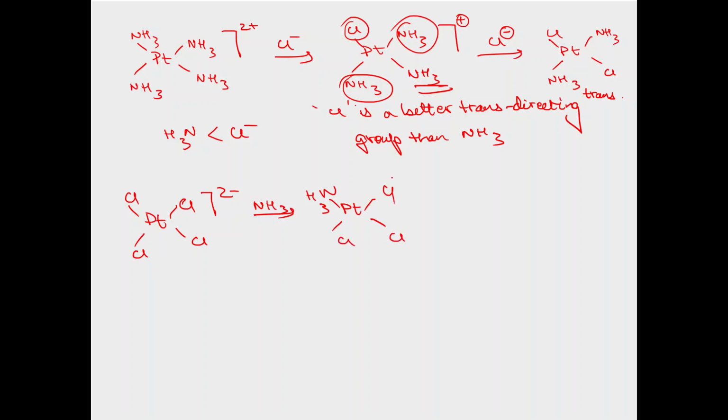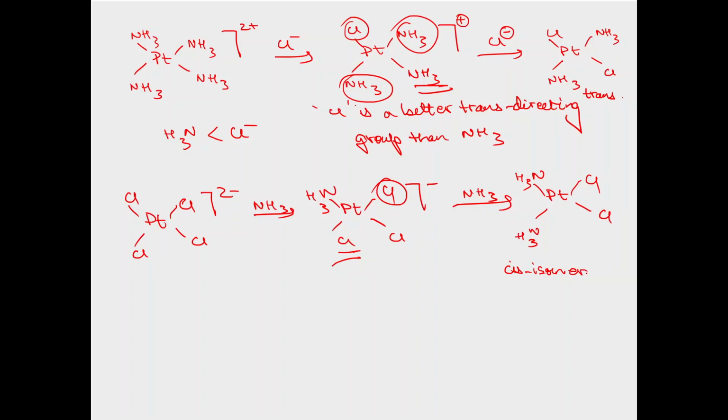Then when we substitute another molecule of ammonia, again, as I said, Cl is a better trans-directing group than ammonia, so ammonia will be substituted here, that is platinum, NH3, NH3, Cl, and Cl. So this is the cis isomer.